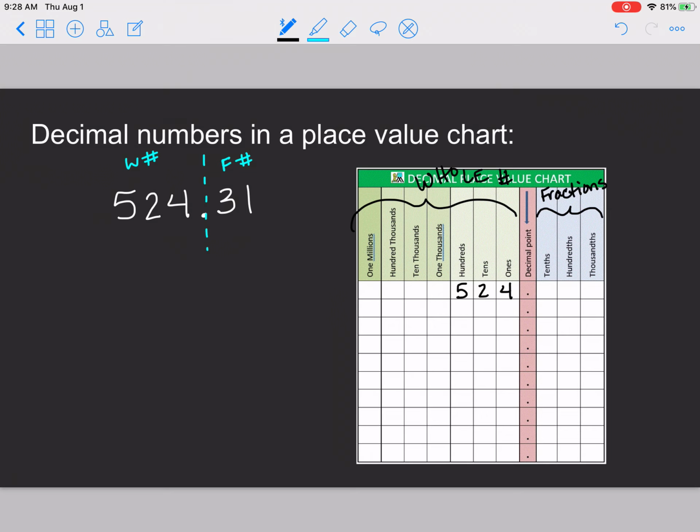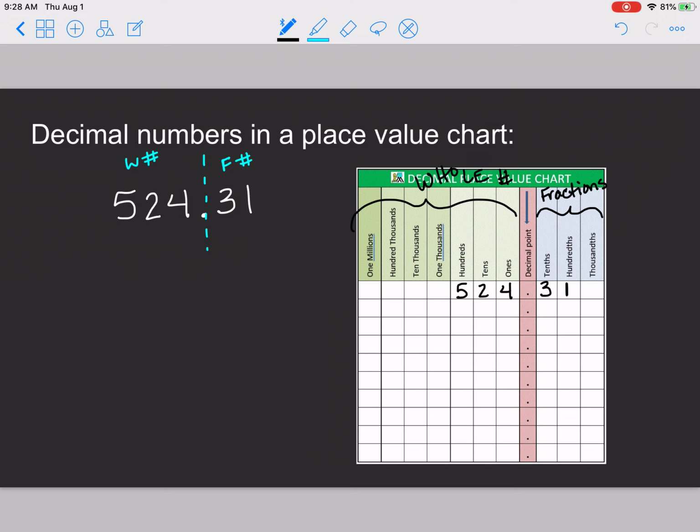Now I'm going to look at everything to the right of the decimal, my fraction numbers, the fraction part of the number, and here I have 31. So the 3 comes just to the right of the decimal, so it's in the tenths place, and then I have a 1 in the hundredths place.